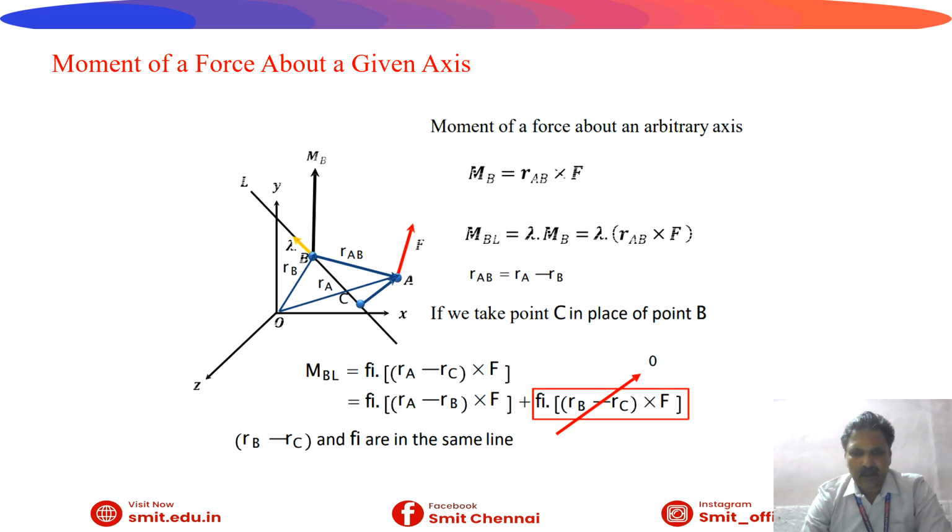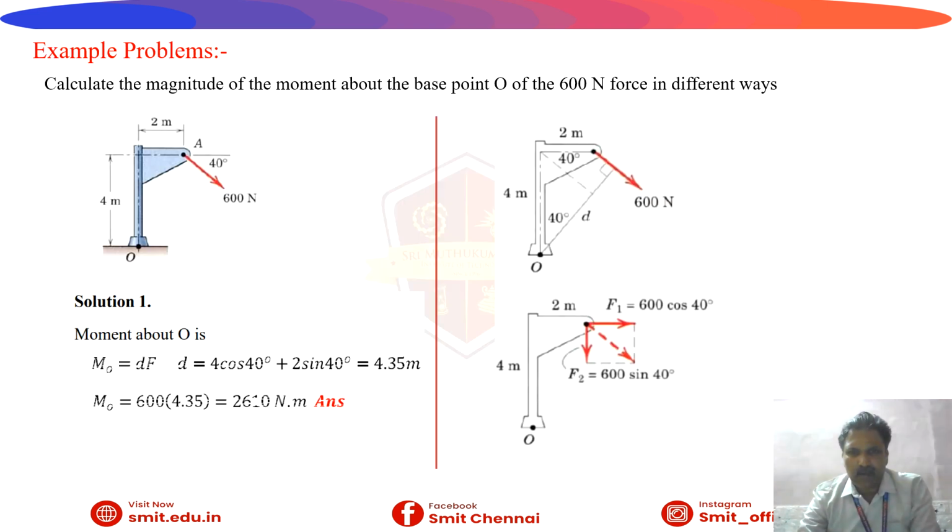Like that we can consider which terms get cancelled. If r_B minus r_C and F act in the same line of action, we can't take the perpendicular distance. Therefore, the term will become entirely zero.